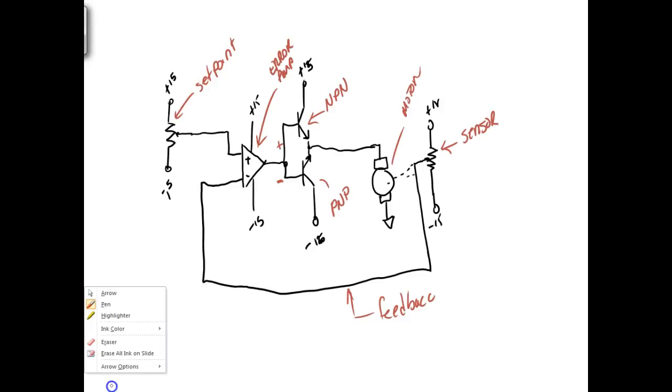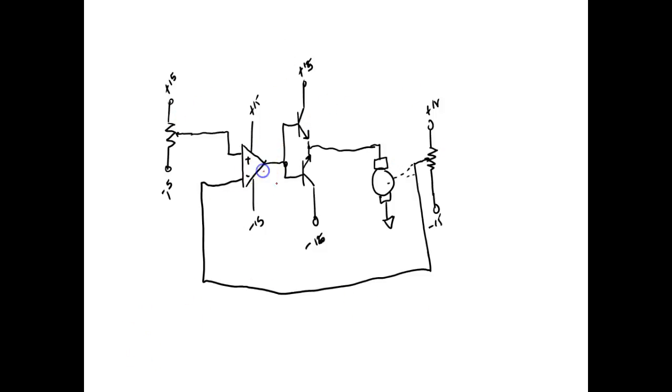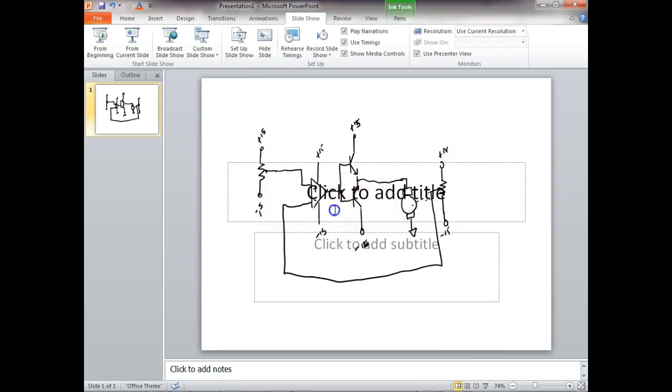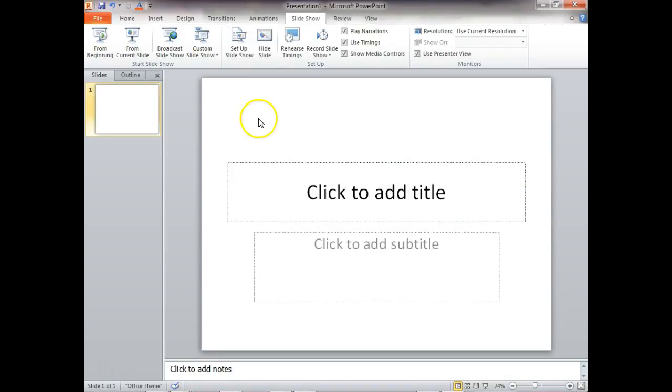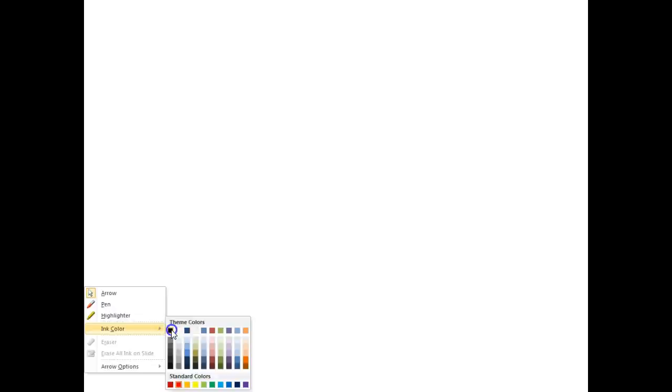So on a PNP sensor, what we do is we have the PNP transistor connected right here, and then this, which is the N, is connected to circuit common, and then what we do is we put our load up here.